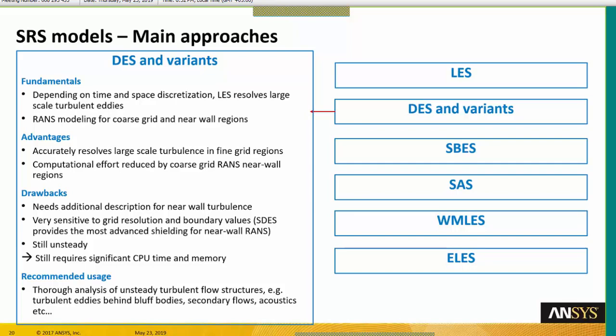It's very sensitive to the transition between the RANS and the LES region. So usually it's not so easy to shield the RANS region near the wall, and that's why we developed at ANSYS different variants of DES to better shield this RANS region near the walls.